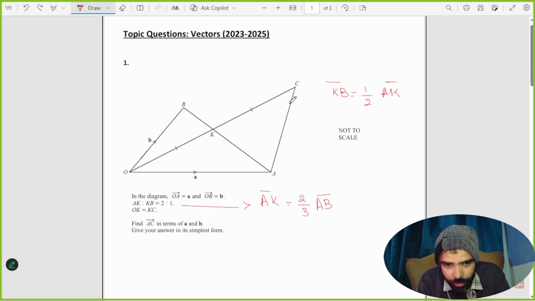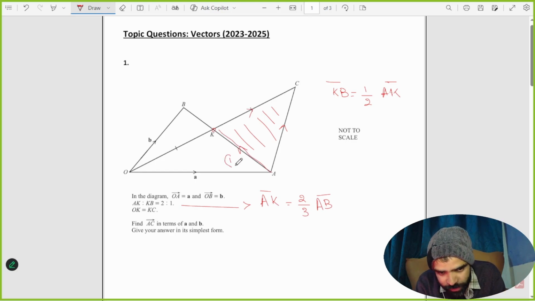So vector from A to C we have to find. If we want to find from A to C, we can have several chances. We can write first AK, and then KC. In this triangle AKC, if we have vector AK and KC, the sum of AK and KC will be equal to AC because of the head to tail rule. This is the first vector, this is the second vector.